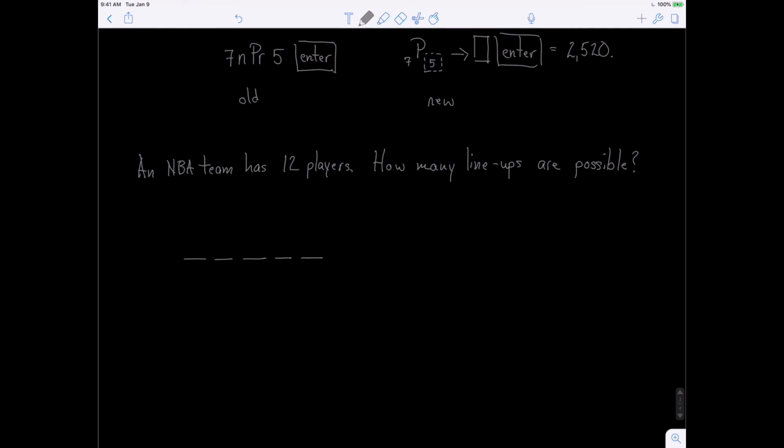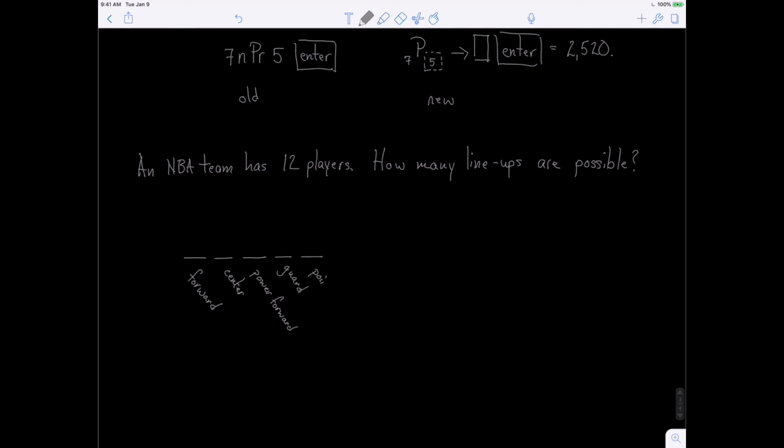Remember that in basketball, we'll assume all the positions are different, because we have the forwards, the center, the power forward, a guard, and a point guard. So we have 5 different positions.